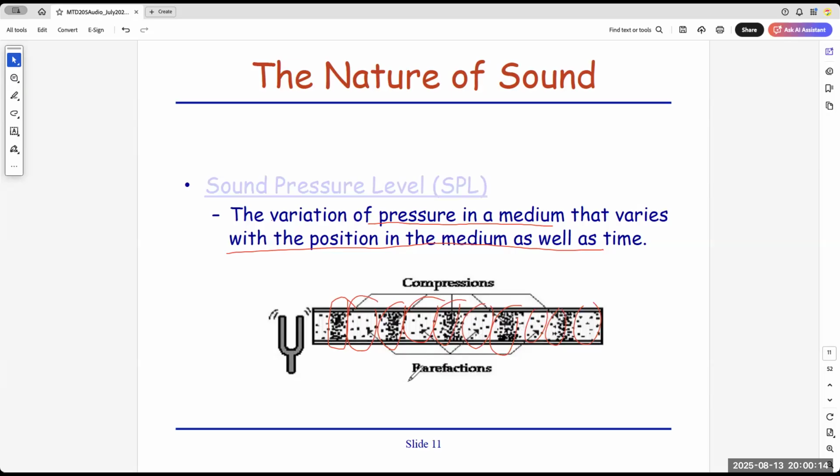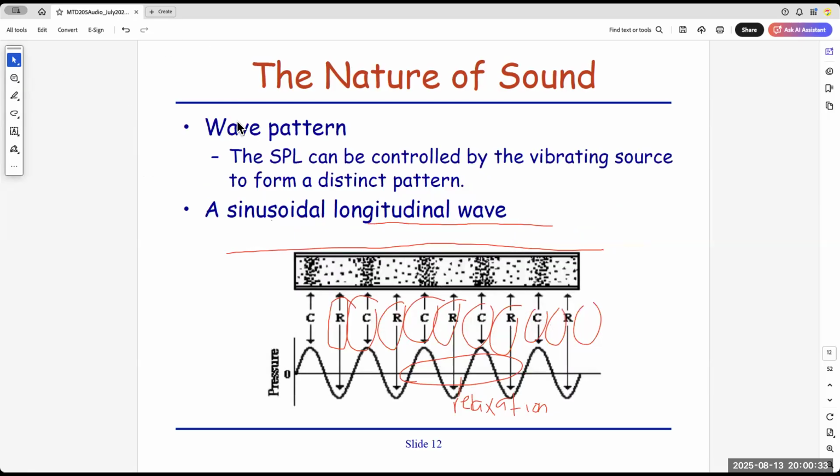The relaxation, in technical terms, we call rarefaction. Rarefaction means relaxation. And exactly how does this affect sound pressure level? Let's go into the next slide.